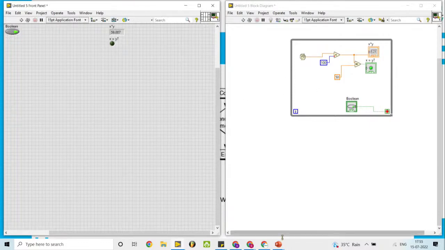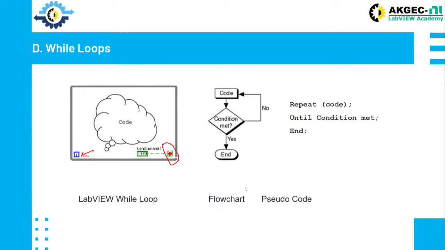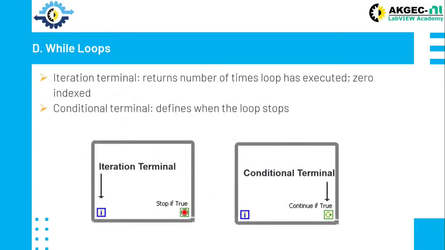So we will see something more about the while loop. As I told you, this is the iteration terminal, then there is a stop if true, and there is another conditional terminal, that's continue if true. So we have two options, one stop if true and another continue if true.